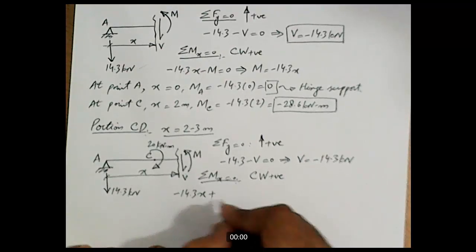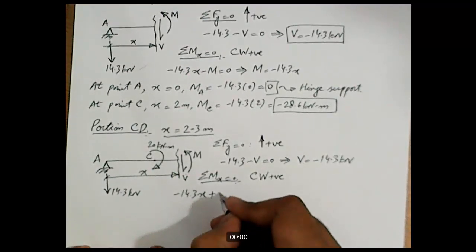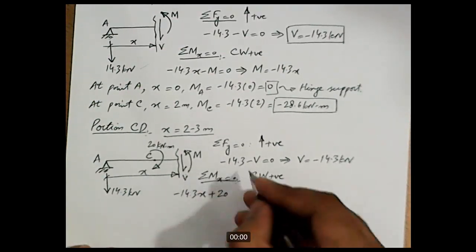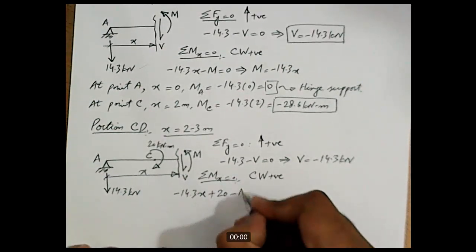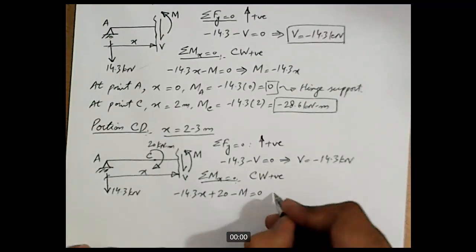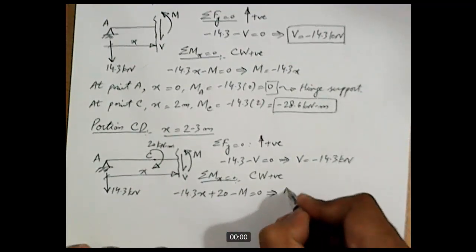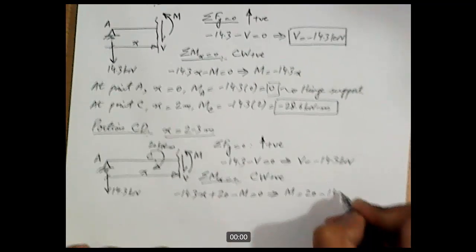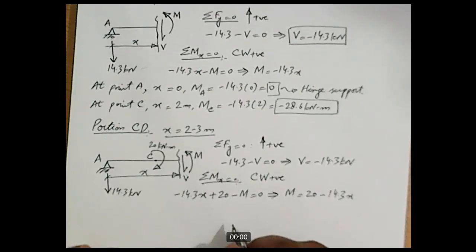It should be positive 20 kilonewton meter, and then this moment in counterclockwise direction will be taken as negative M, and that is equal to 0. If we rearrange this equation, we get M is equal to 20 minus 14.3 X.